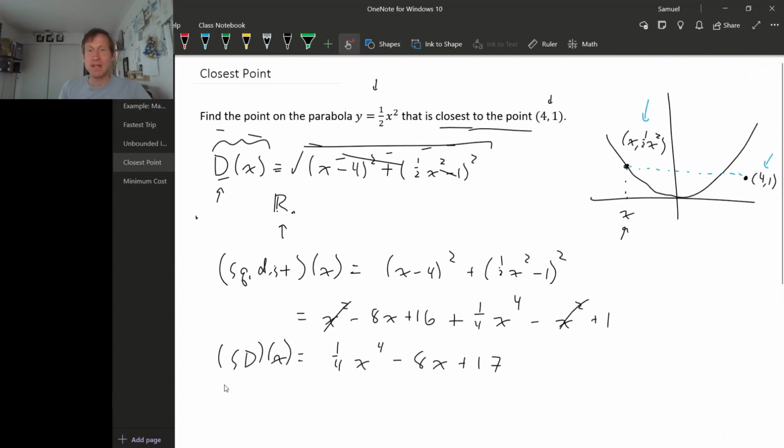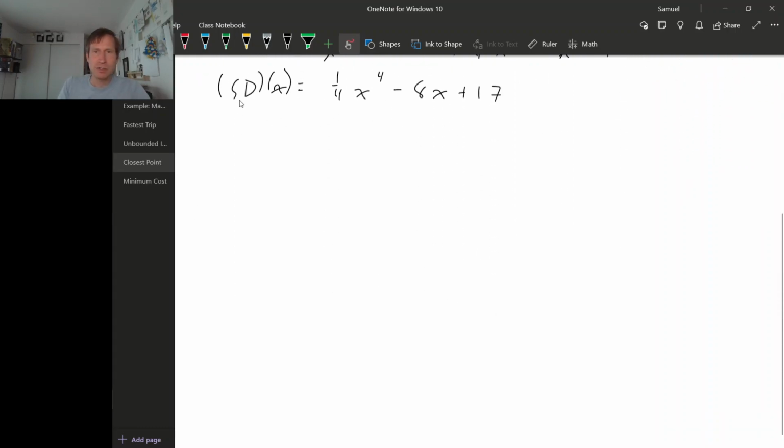Okay, now we need to find critical points. Incidentally, in this example, you can tell that there isn't going to be an absolute maximum, and there isn't going to be a minimum out that way because distance gets big out there, and there isn't going to be an absolute minimum distance out that way because the distances get big over there as well. So it seems quite plausible that the minimum distance is going to be in here somewhere. In fact, it's a certainty. So let's find critical values by taking a derivative.